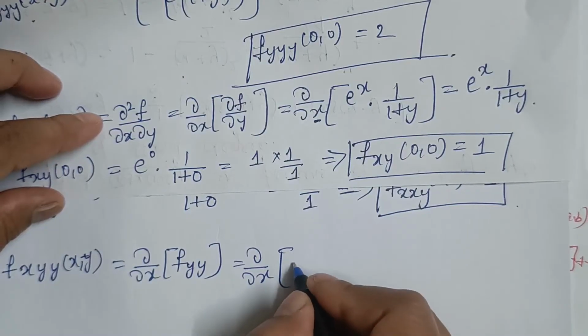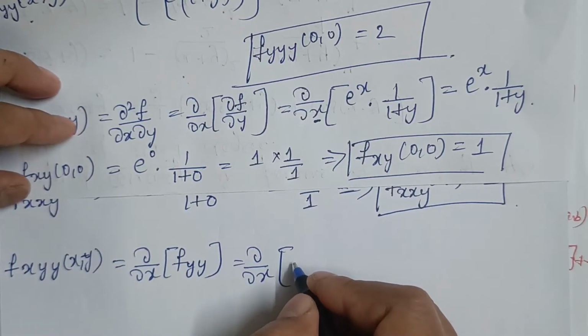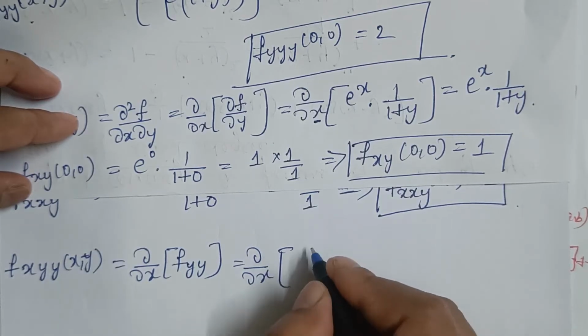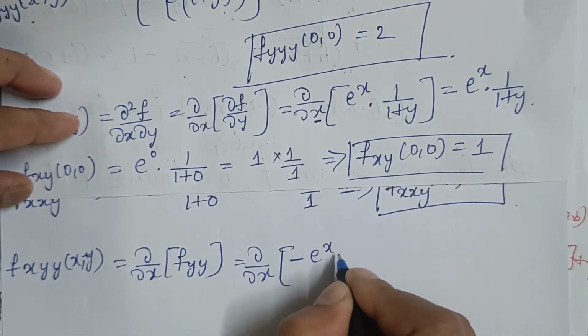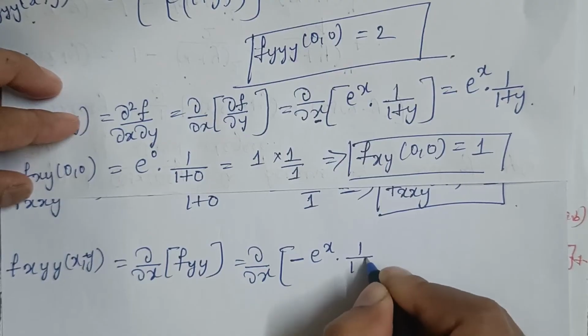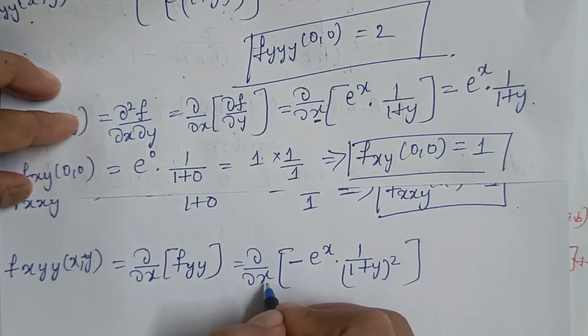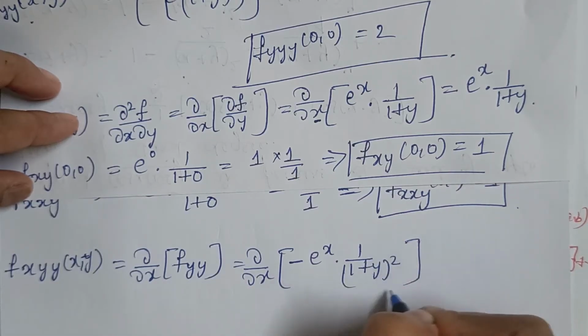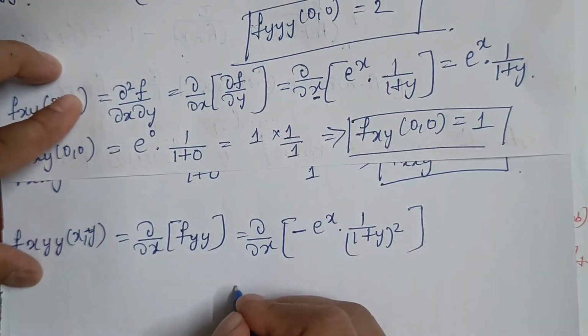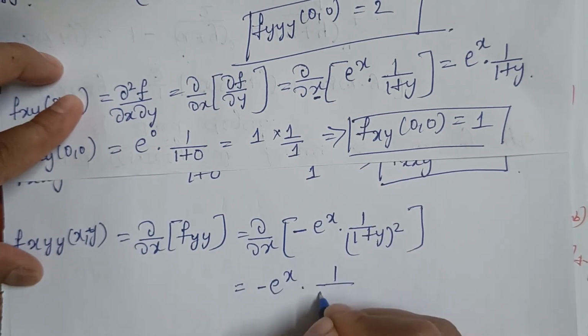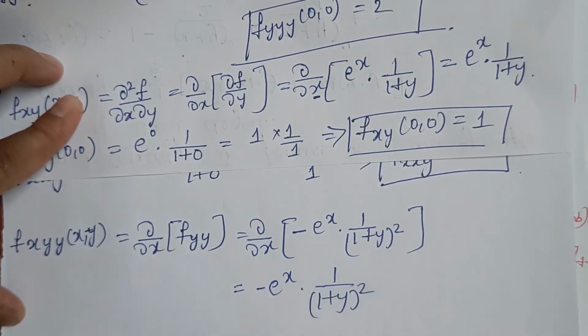Okay, so I will just write it down, f suffix xyy, so that is minus e power x into 1 divided by 1 plus y the whole square. I have to differentiate this with respect to x. This is going to remain constant, so this is going to be as it is only, nothing is going to change.